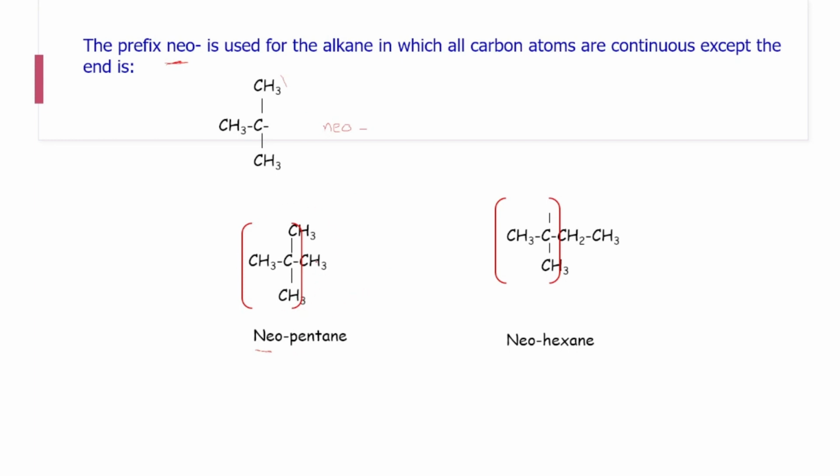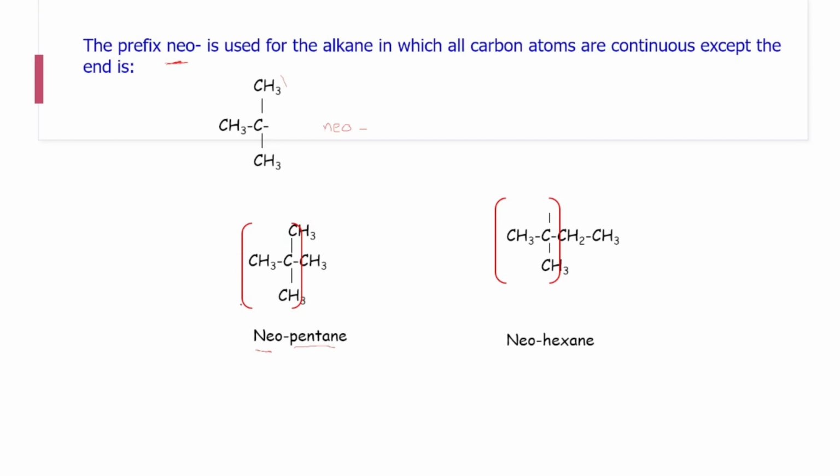In this compound we have 1, 2, 3, 4, 5, so there are 5 carbons. 5 carbons means pentane. Are those 5 carbons in a straight chain? No, they are in a branch.